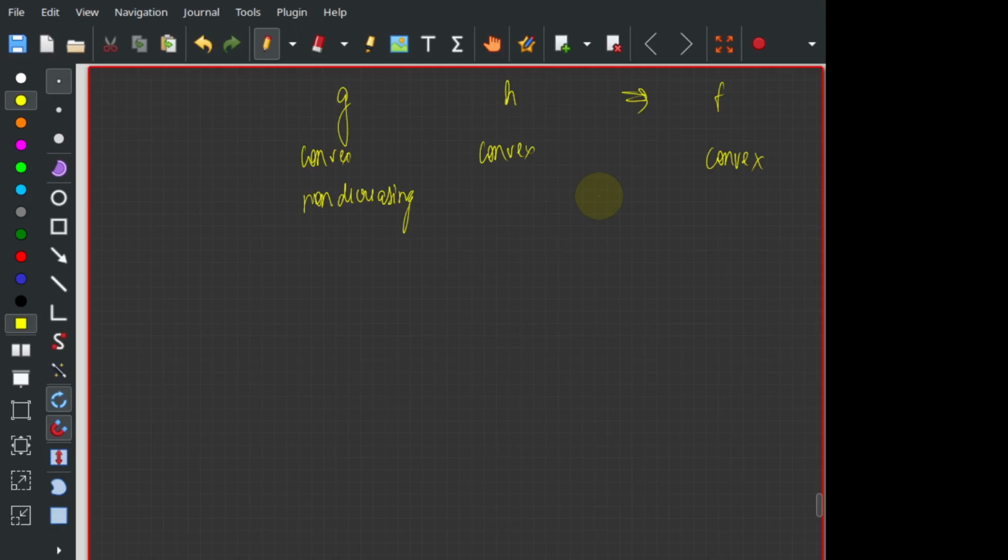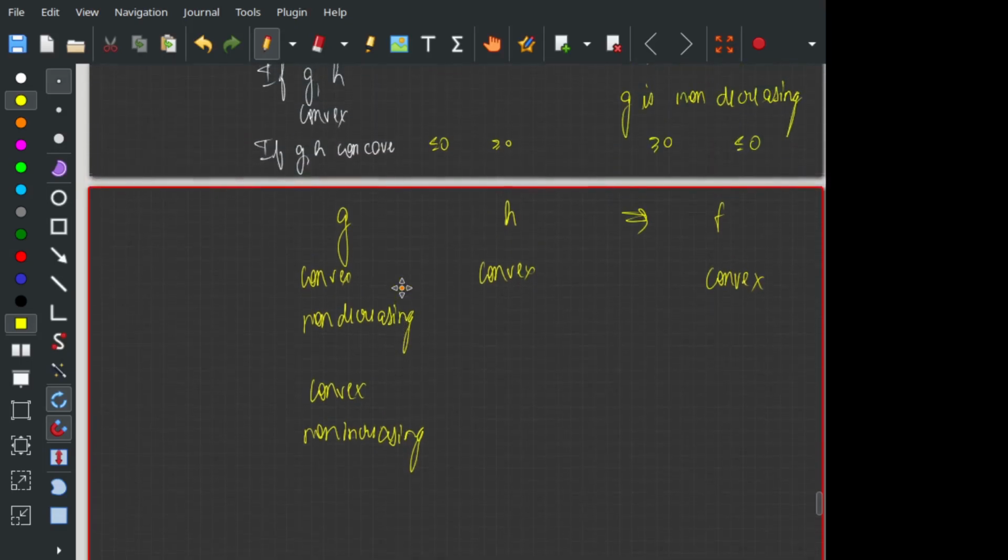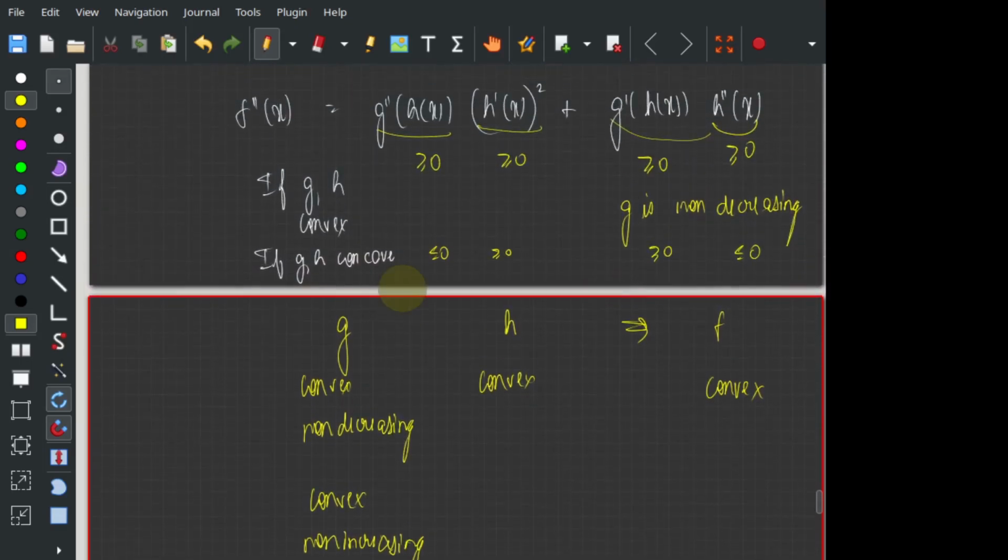So this is something that we know, right? Suppose that g is convex and non-increasing. Is it still possible to have f being convex?